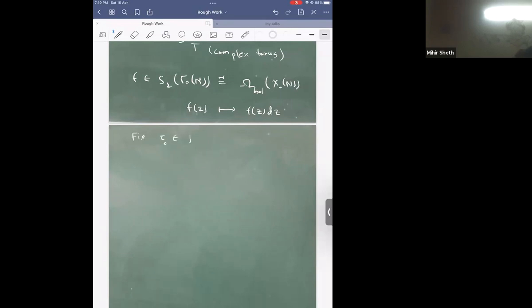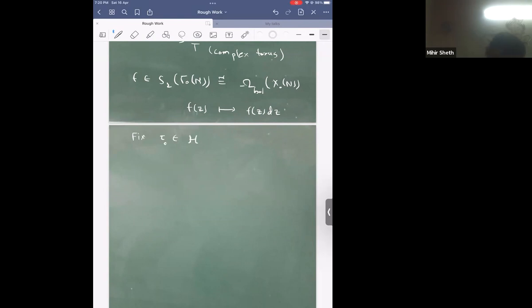Let's pick some base point in the upper half plane. I will first define a map from the upper half plane, and then we will see that it factors through the modular curve X_0(N).